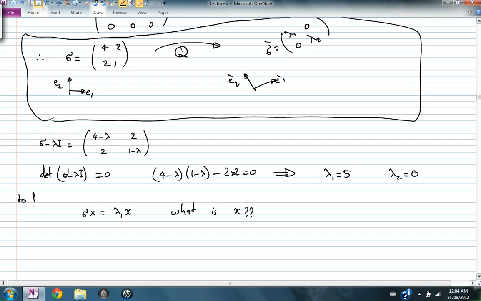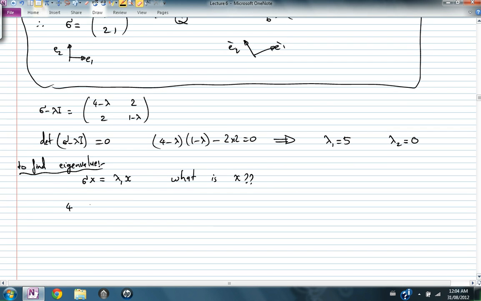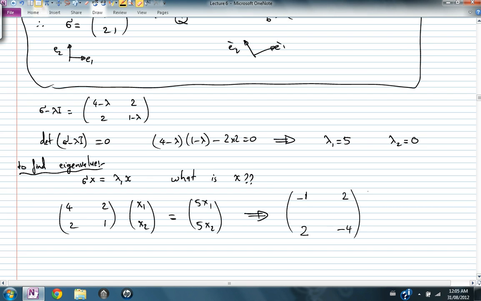So to find the eigenvector, okay, so [4 2; 2 1] multiplied by [x1, x2] is equal to [5x1, 5x2], which is lambda x, which means [negative 1, 2; 2, negative 4] multiplied by [x1, x2] is equal to 0. I basically just rewrote the first equation.